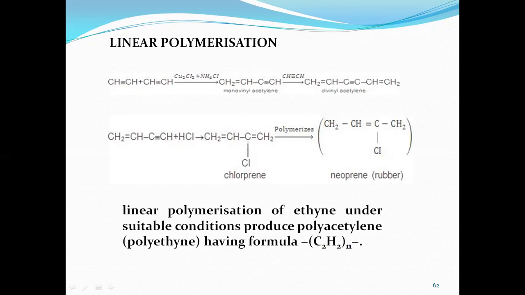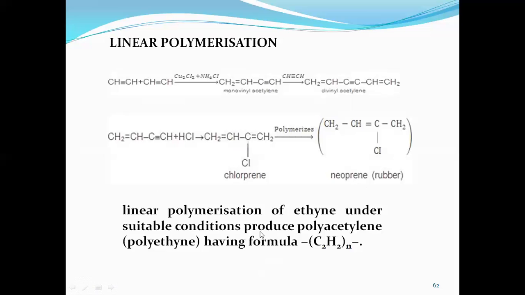Now this monovinyl acetylene may react with HCl to form 2-chloro-1,3-butadiene, which is called chloroprene, and which on exposure to air polymerizes to this kind of polymer, which is called neoprene, actually a synthetic rubber.